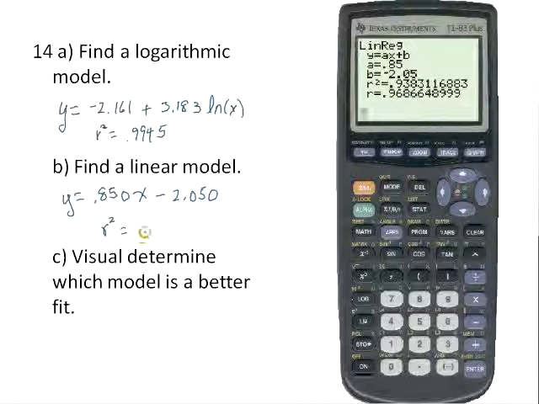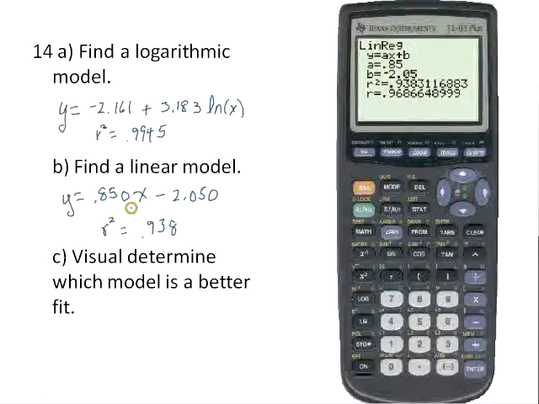On this one, notice that our r squared value is about 0.938. Now, earlier in number 13, we said that the logarithmic appeared to be a better model than the linear, and we can see that our r squared value here is closer to 1 than this r squared value, and so that tells us the same thing.